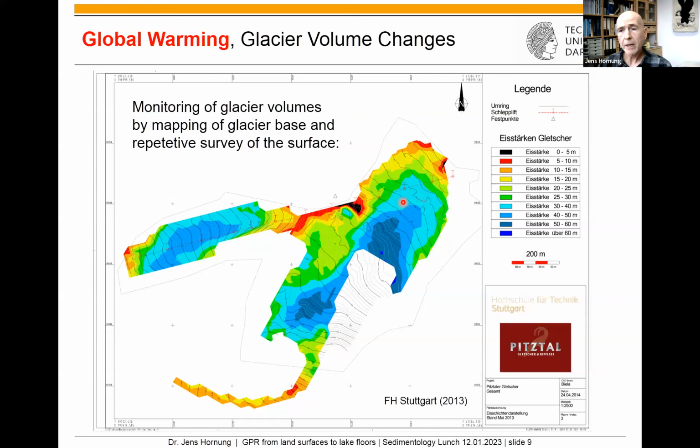And that's how GPR can contribute to the global warming discussion, because if you have the volume of an ice body, you can repetitively survey the surface and calculate for each year the shrinkage of the volume of the ice, which is a very nice data set for this global warming discussion.